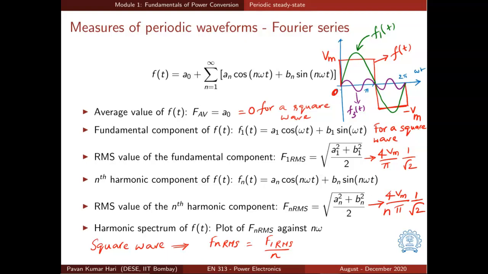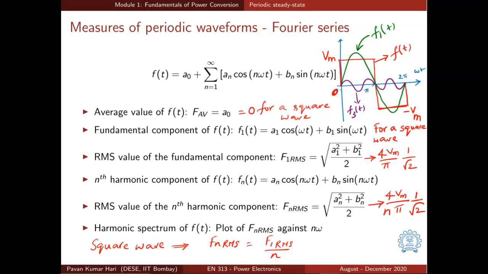So the average value of a square wave is 0 as it is known, and the RMS value of the fundamental component, that is the RMS value of this green color sinusoid that is drawn, is F1 RMS, and by calculating the Fourier coefficients it can be shown that it is equal to 4 Vm by pi into 1 by root 2.